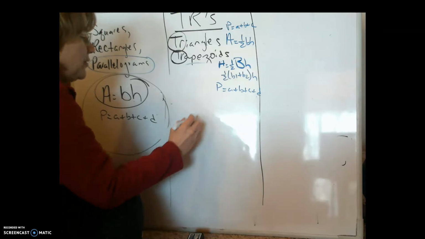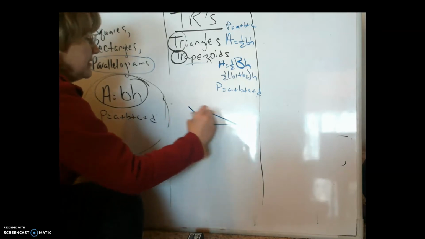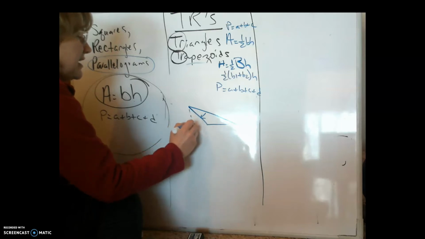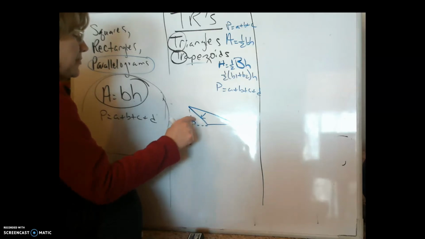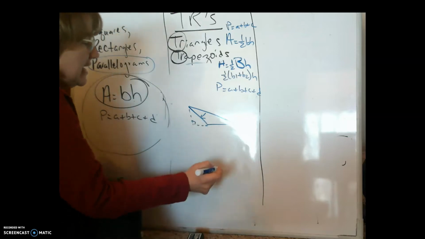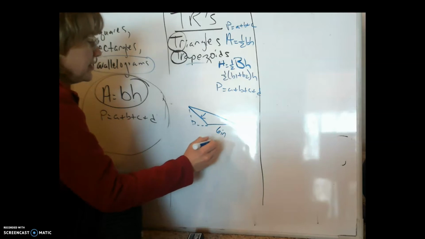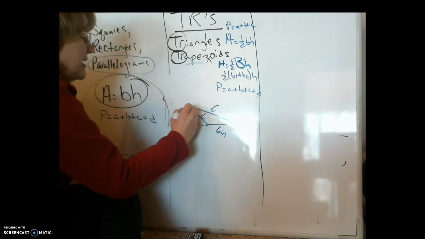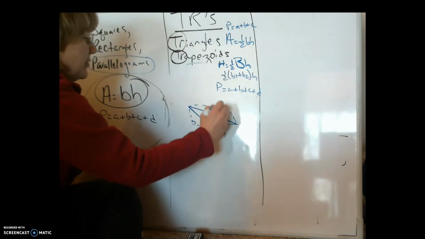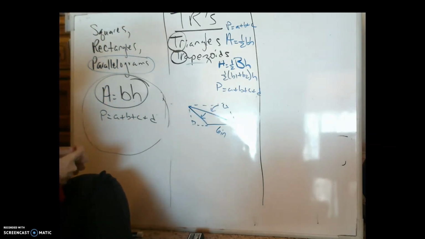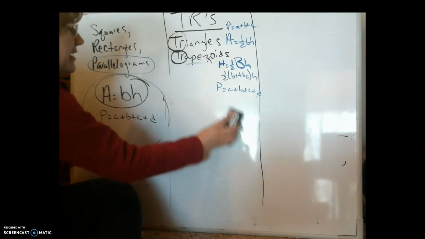So if you have a triangle like this, and you want this side, you might have to come over here, draw a right triangle, and do Pythagorean theorem to get this side. And then this side you're probably going to know, so maybe this is like 6 inches or something like that. And then this side, same thing, you might have to get a right triangle and do Pythagorean theorem to get that side. So you might need to use Pythagorean theorem if the numbers are not given to you.